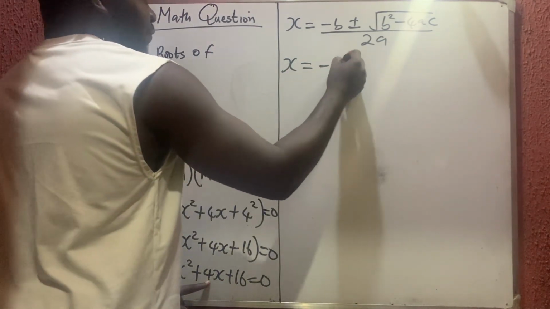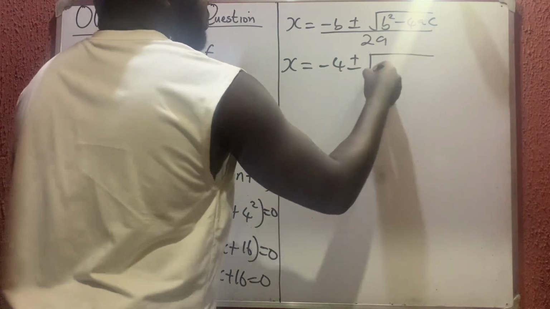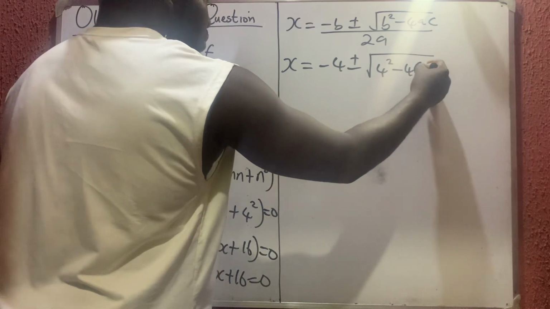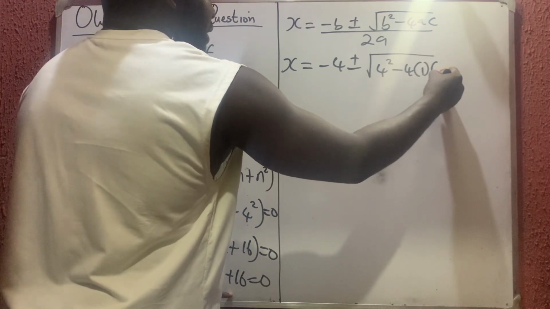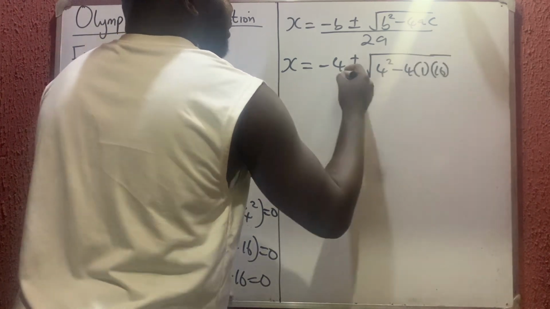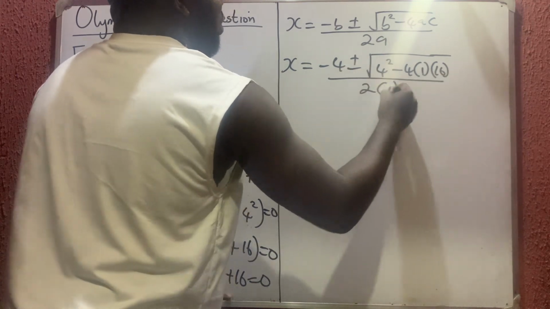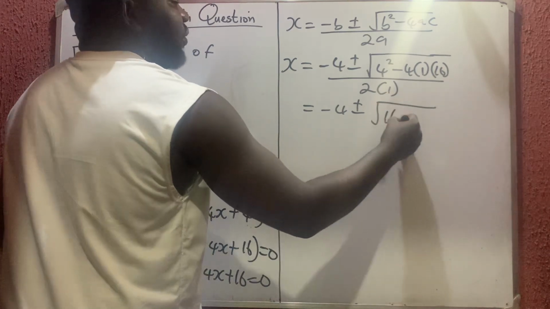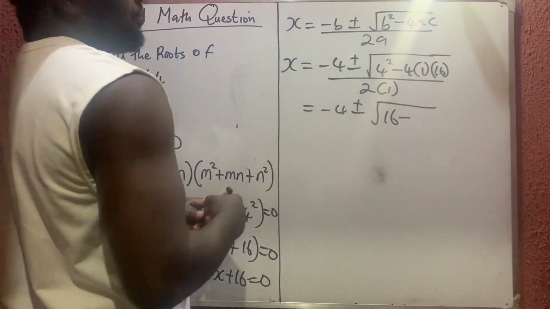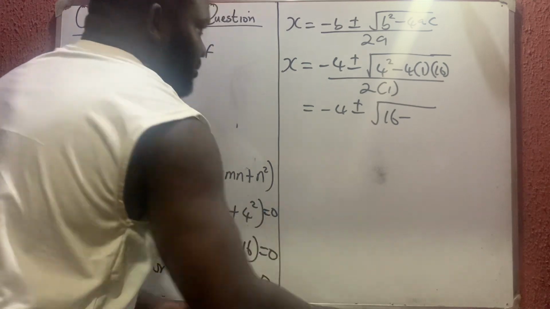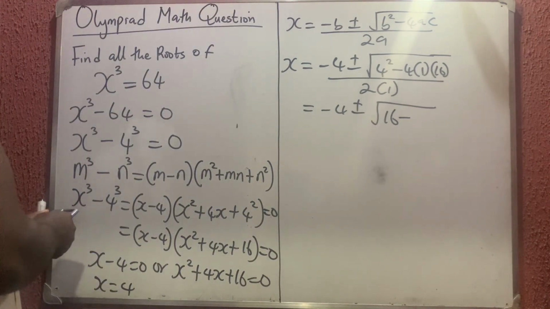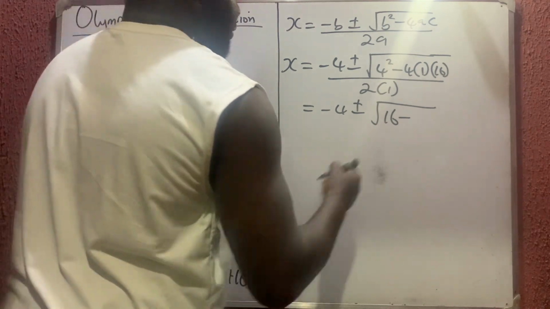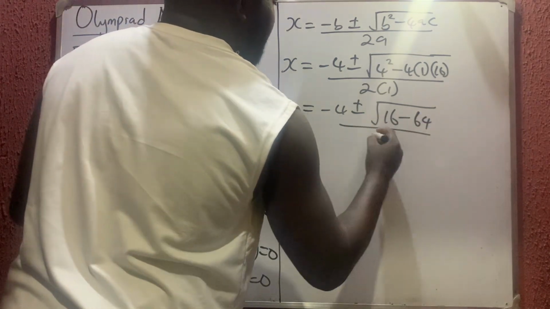So minus 4 plus or minus the square root of 4 squared minus 4 into 1 into 16, then all over 2 into 1. So this is minus 4 plus or minus the square root of 16 minus 4 times 16. 16 times 4 is 64, then everything over 2.